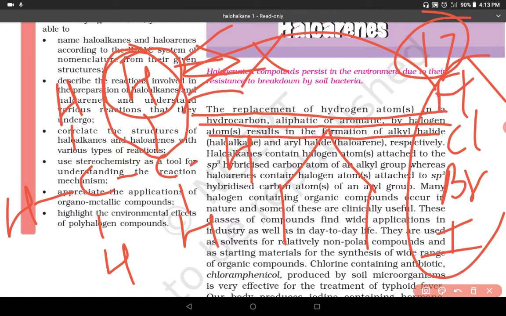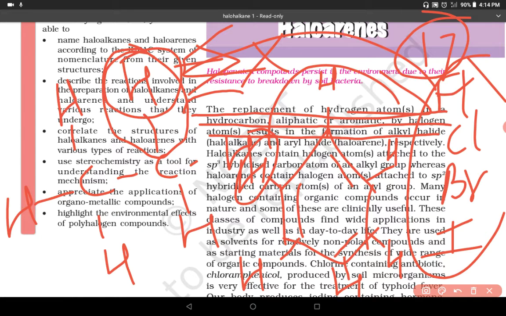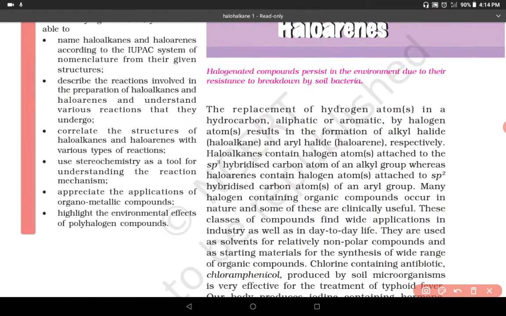Example, take this. Yes, this is benzene. Actually there are 6 hydrogens attached to this. If any one of the hydrogens in aliphatic or aromatic is replaced by a halogen, then we call them alkyl halide and aryl halide respectively.